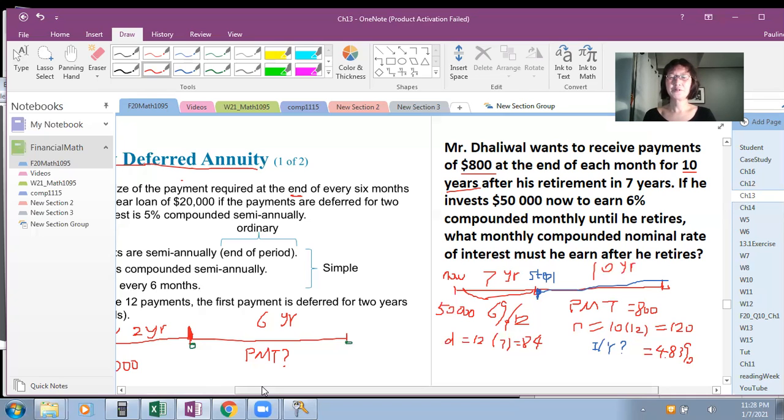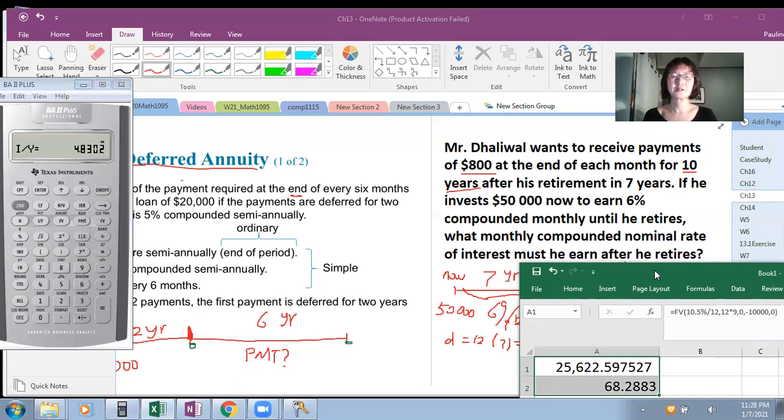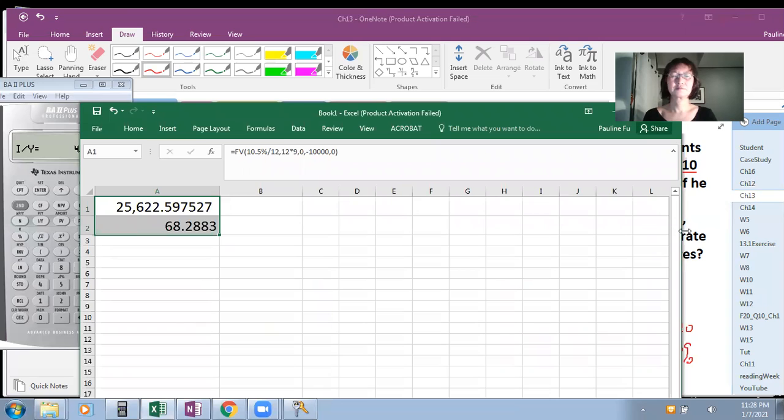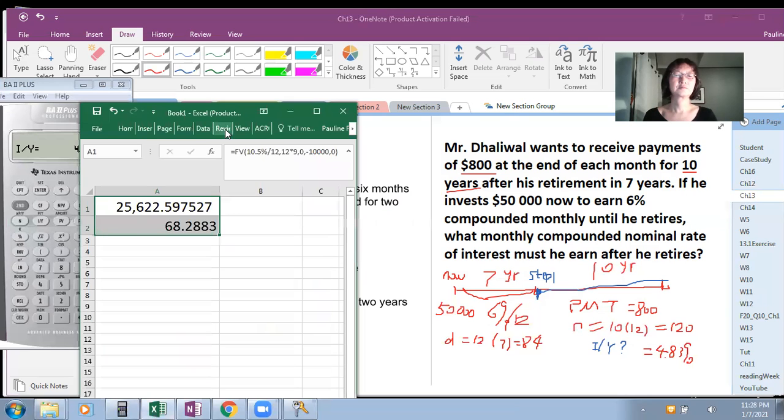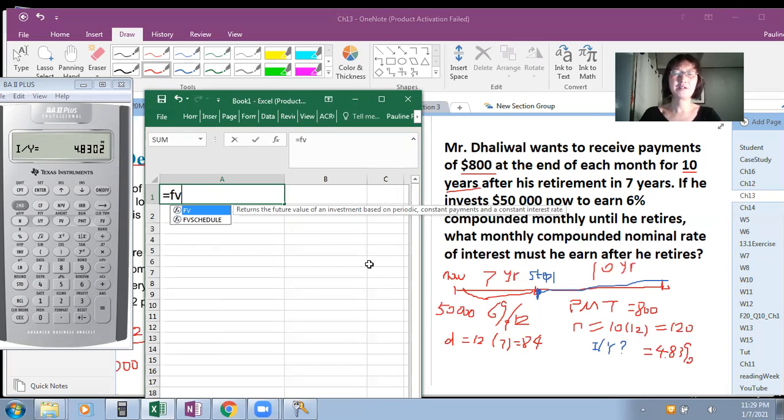So how do we use Excel to do this problem? Step 1, calculate the future value here. Equal FV.